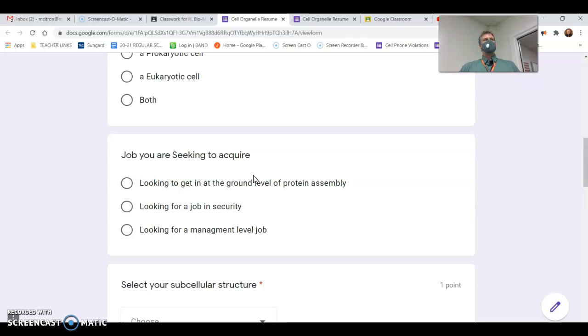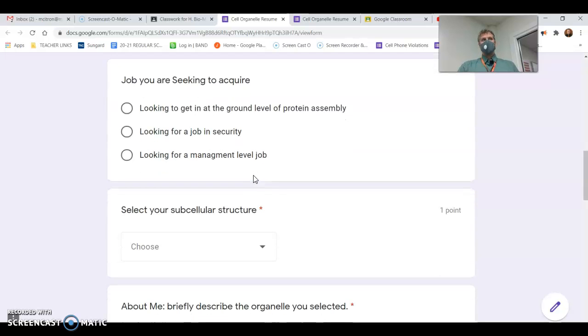It's the one no one seems to be able to pronounce. They start with smooth and or rough. Reticulum, the endoplasmic reticulum. That's correct. Job insecurity would be something like the cell membrane or the cell wall. And looking for a management level job, that's going to be something along the lines of the nucleus. Make sense? All right.